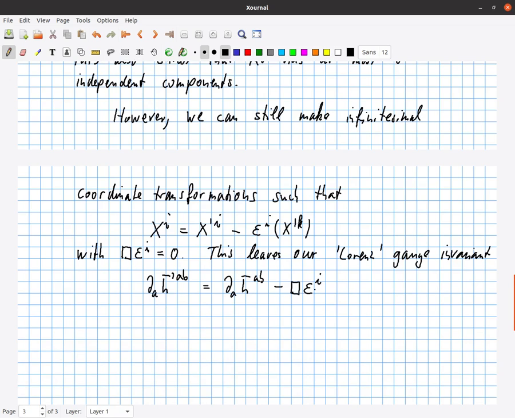If we make a coordinate transformation such that box epsilon itself is 0, then you see that this condition is unaffected by this.